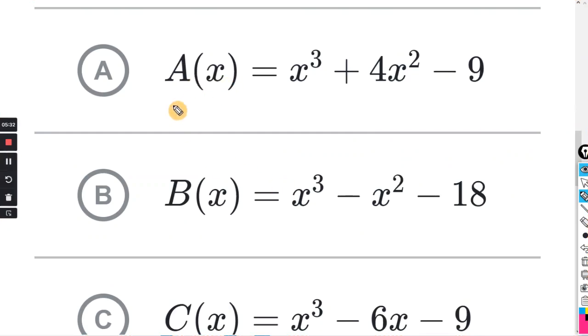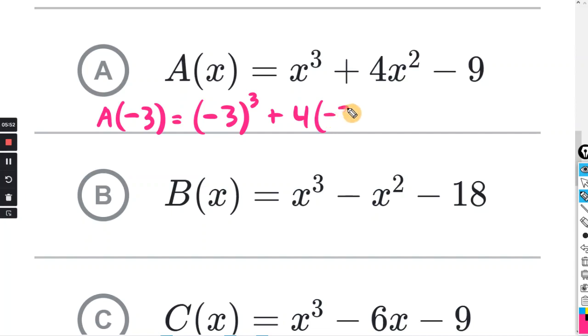We're just plugging in -3, so a of x becomes a of -3. That's going to be (-3) to the third. Once again, use parentheses. And that's plus 4 times (-3) squared, and that's minus 9. (-3) to the third is -27. (-3) squared is 9, times positive 4 is 36.